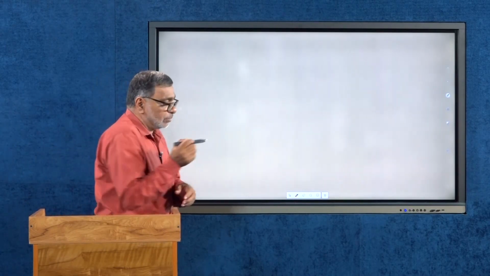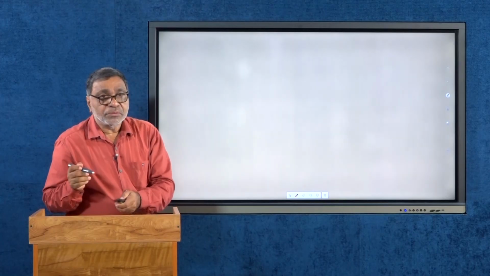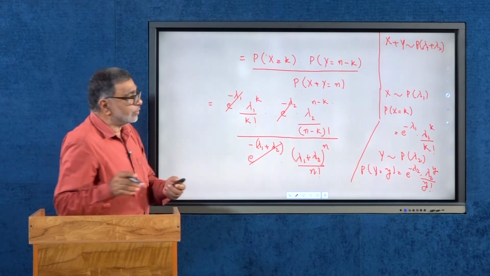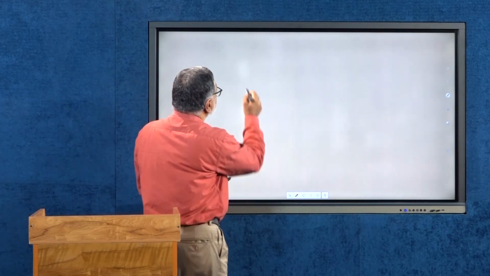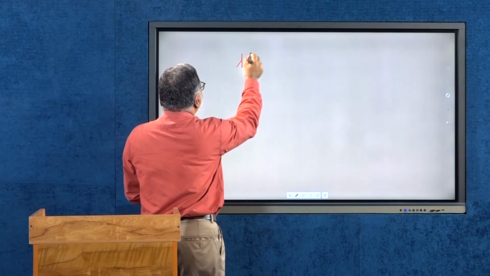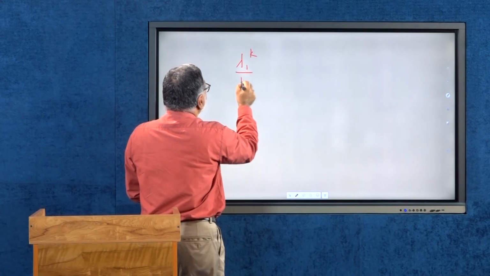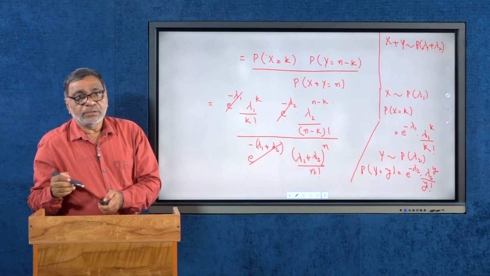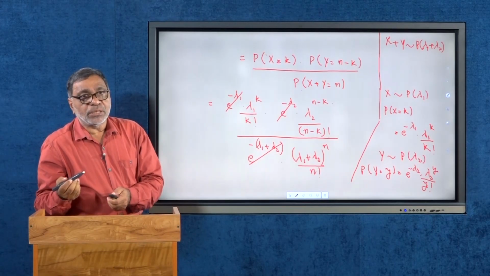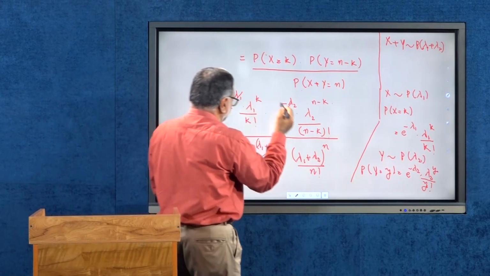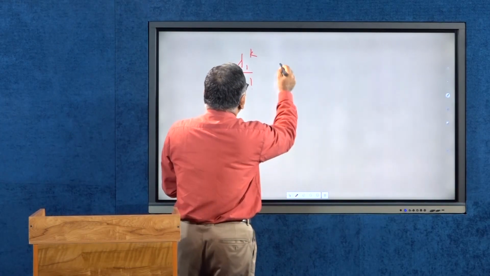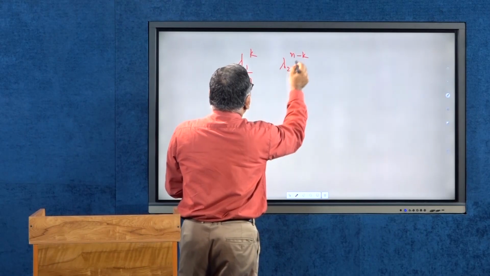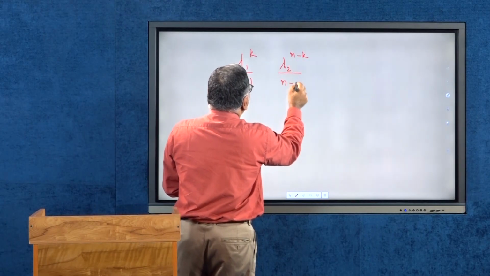Finally, we have lambda 1 power k divided by k factorial, and then lambda 2 power n minus k divided by n minus k factorial.